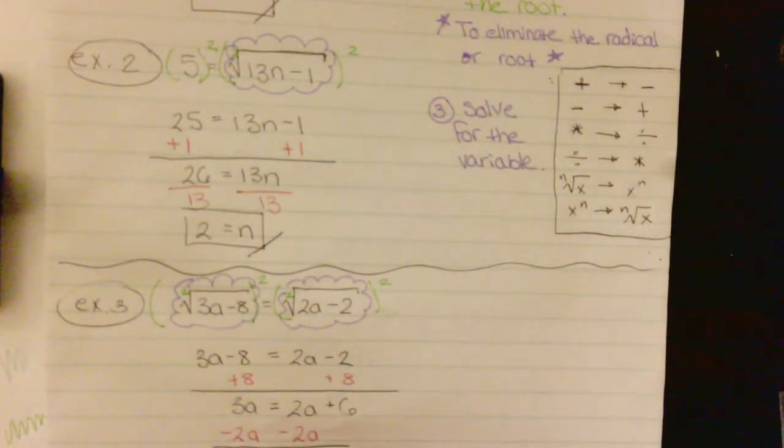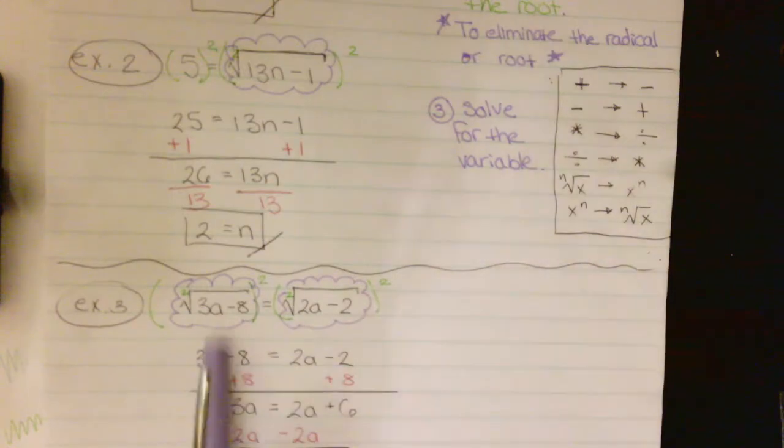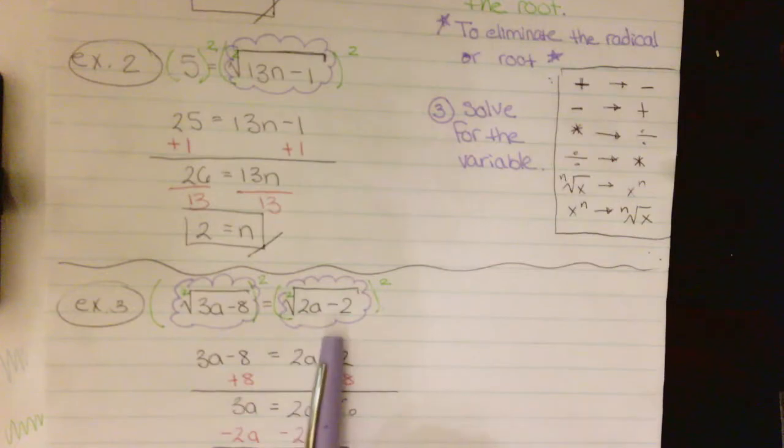So I've got a 1a, I don't need to write the 1. Here it cancels, a equals 6. All that happened here is we already knew if I take the square root of this number, it has to equal the square root of this number, so whatever I'm taking the square root of has to be the same.